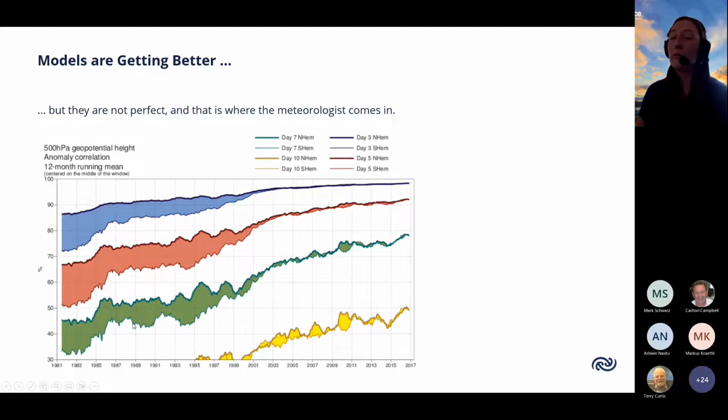Our three main global models, Europe, UK, and America, are all Northern Hemisphere models. And there's a lot more data available in the Northern Hemisphere. So we have more flights, more ship routes, etc., that gather data and are able to feed that into the models. So in general, the models perform ever so slightly worse across the Southern Hemisphere, but it is getting better to the point where they're almost the same.